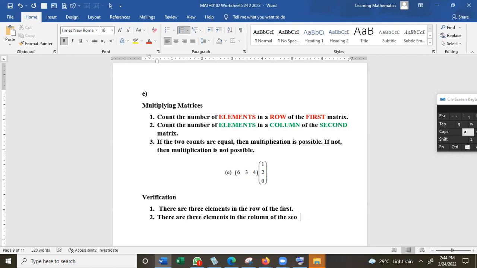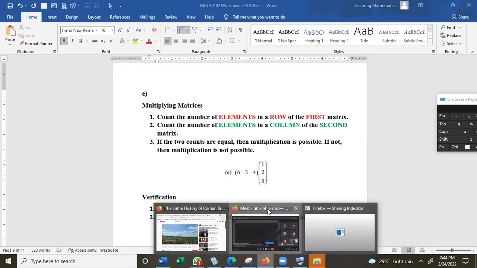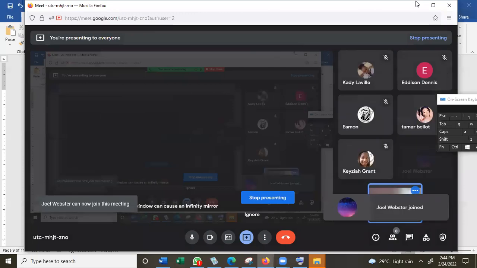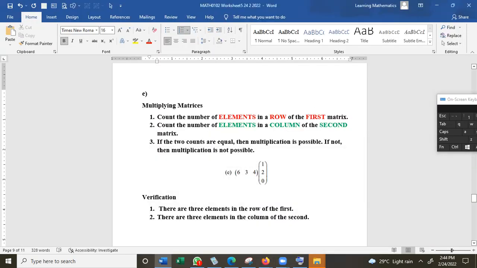As you can see, those two counts are equal. So since these two counts are equal, then multiplication is possible.